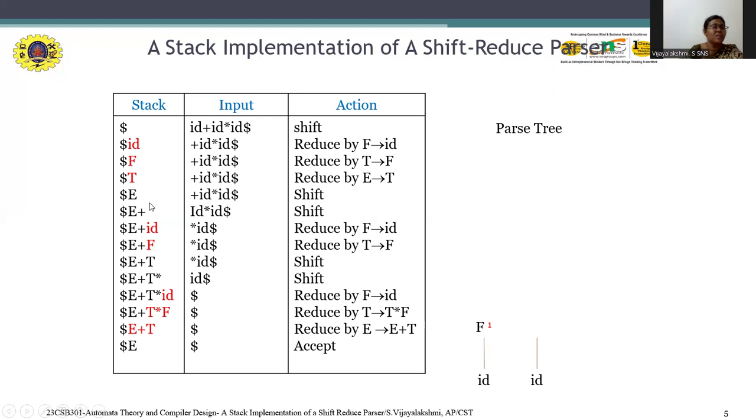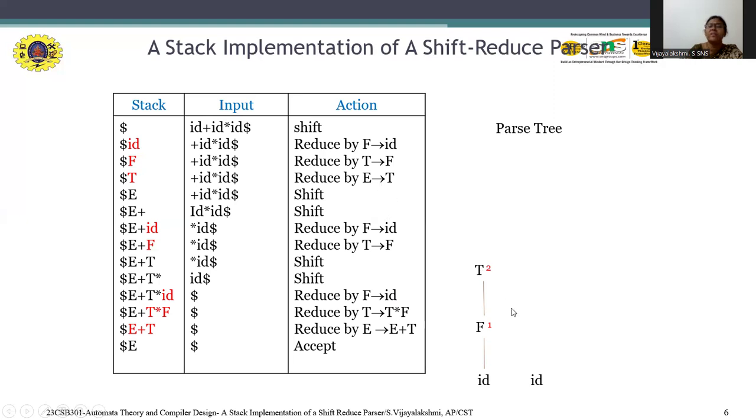The stack is E, the input is plus ID star ID. That means a shift operation, then again E plus. So the stack is E plus ID, and the input is star ID. Here ID is replaced by F, and F is replaced by T.